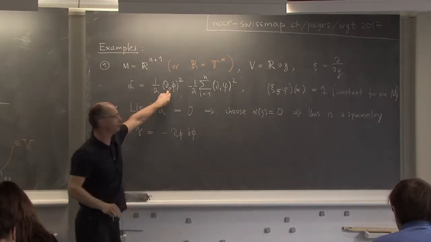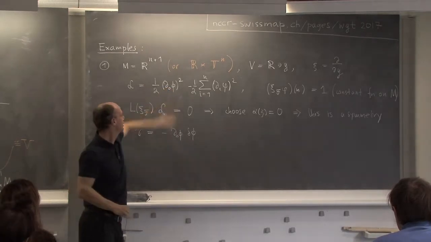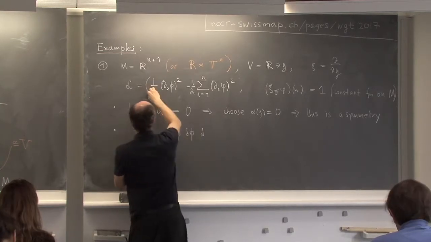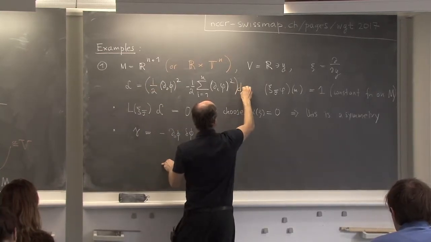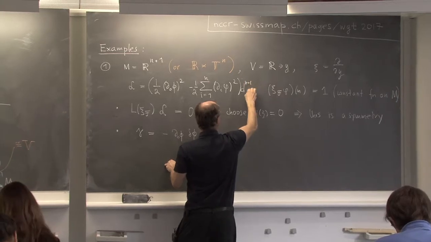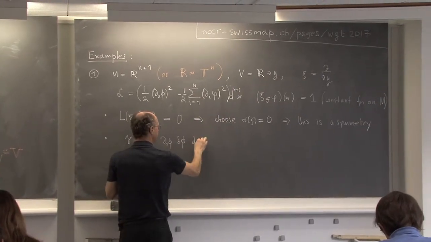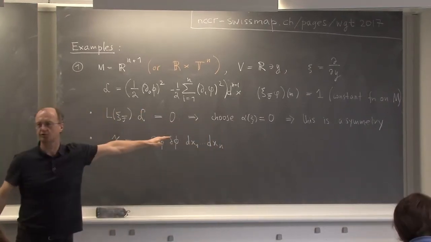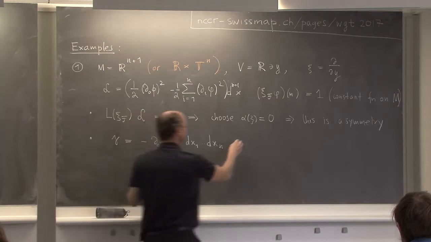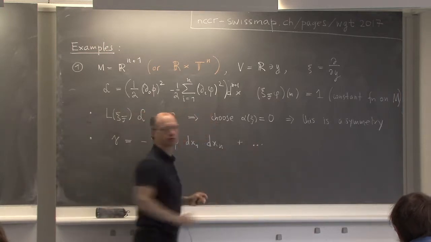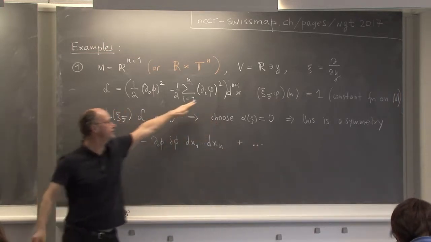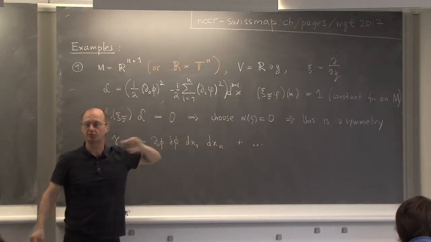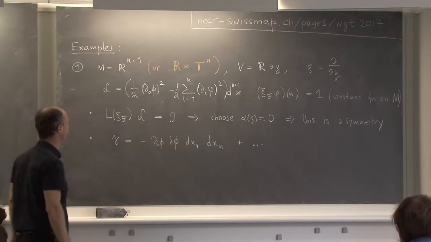So that's when I take a derivative with respect to d naught phi, and then here I should have written d^(n+1)x, right? And here I will have dx1 through dxn. So the dx0 is missing. Plus, there will be other terms.